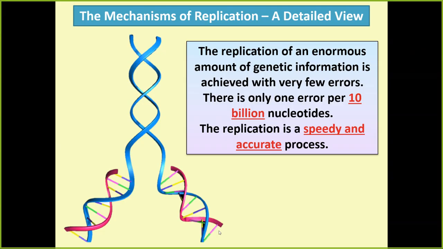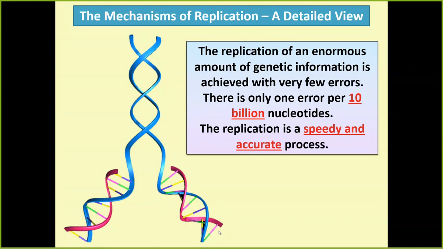All right, so here's the thing. Replication is huge. It is a huge job. We are copying an enormous amount of genetic information. And the coolest thing is our bodies do this with very, very few errors.